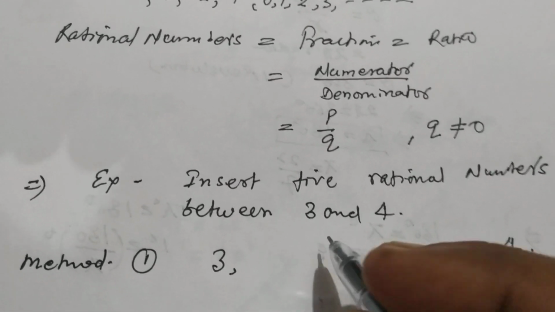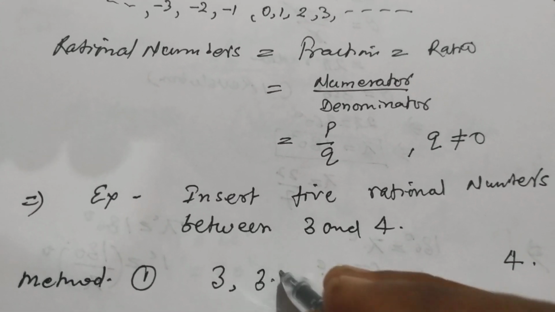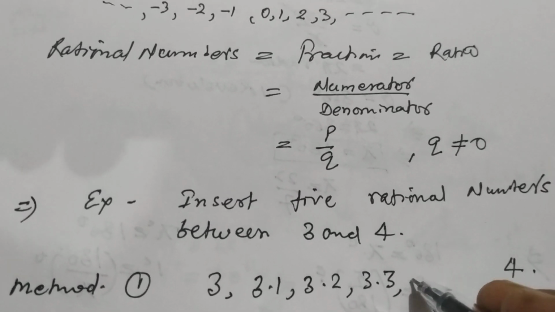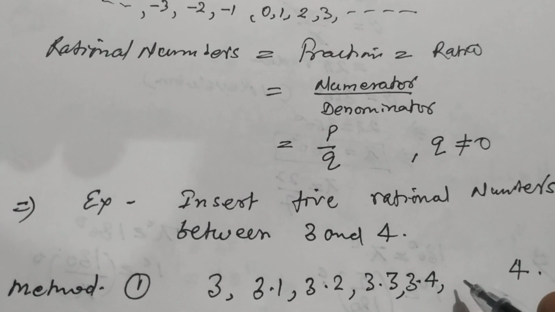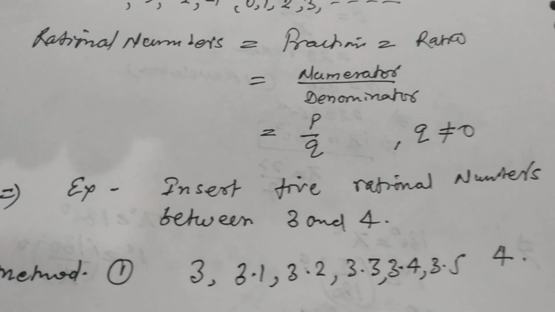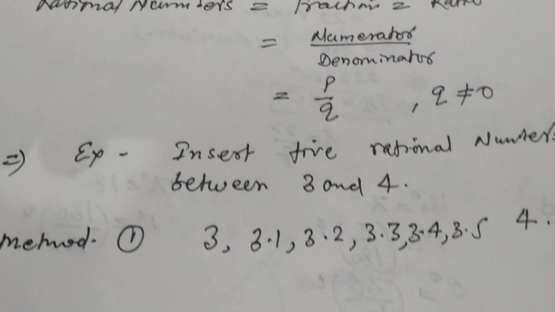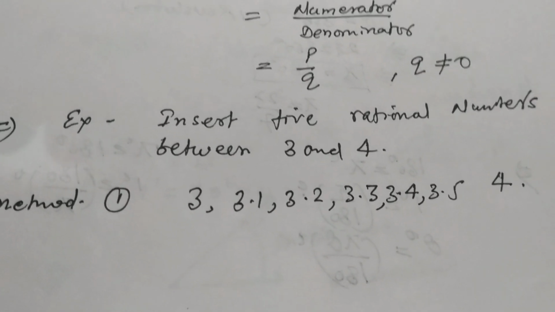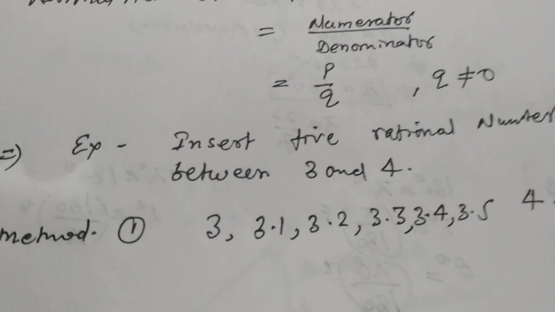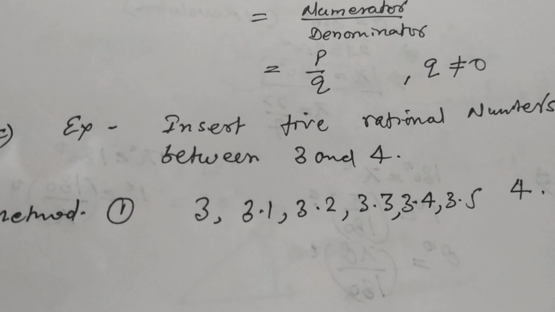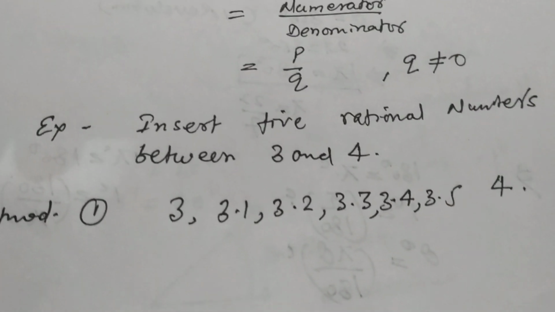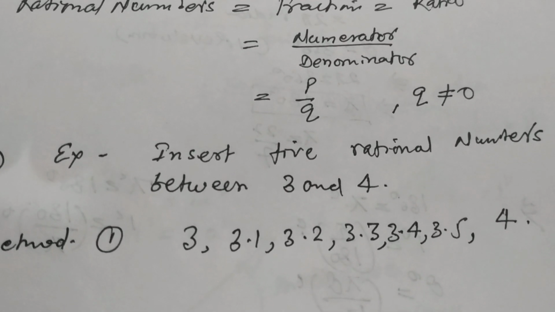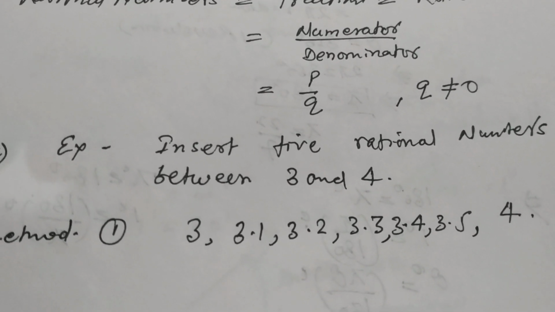The 5 rational numbers are like 3.1, 3.2, 3.3, 3.4 and 3.5. These are the 5 rational numbers between 3 and 4. Let's check it. This is 3.1, 3.2, 3.3, 3.4, 3.5, 3.6, 3.7, 3.8, 3.9 and 4. Right?